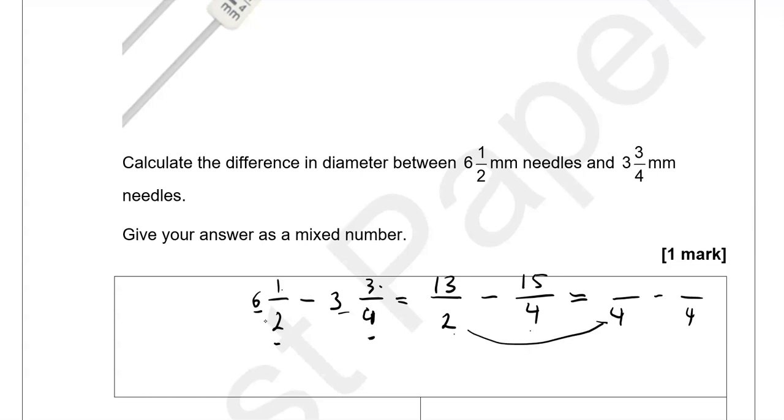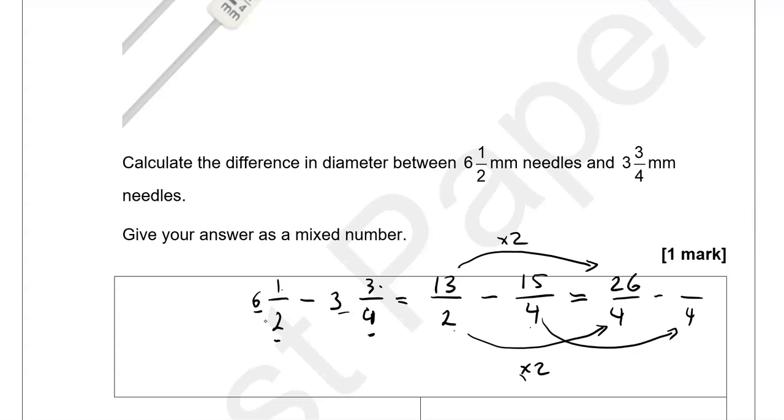So if I double the 2 to get 4, I must double 13 as well, which gives me 26. Now to get from 4 to 4, I haven't done anything. I haven't multiplied by a number different from 1, so we just keep 15 as well.